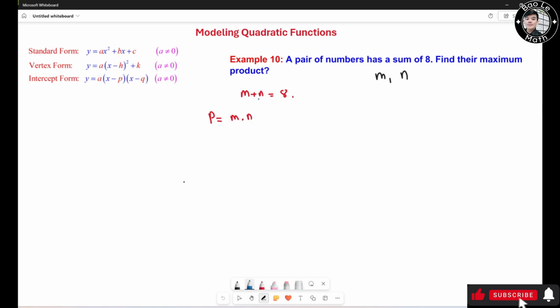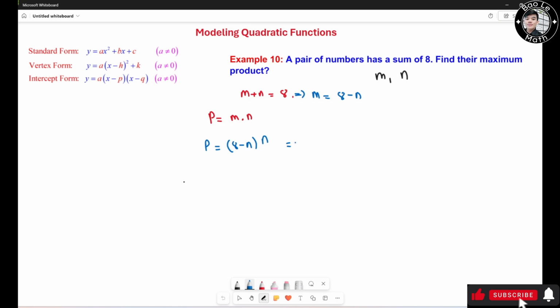So I need to relate this guy and this guy, right? So from the first equation right here, I need to solve for m in terms of n, right? So m equals 8 minus n, right? And then I substitute 8 minus n for m into the second equation right here. So it turns out to be p equals 8 minus n times n, right?